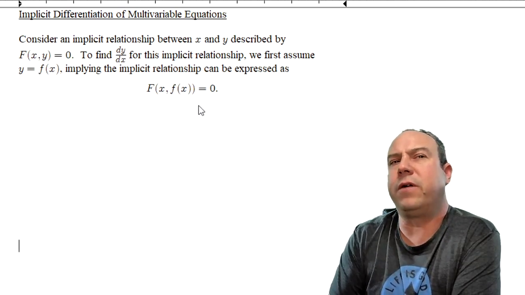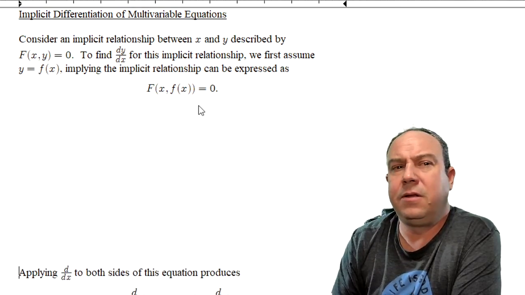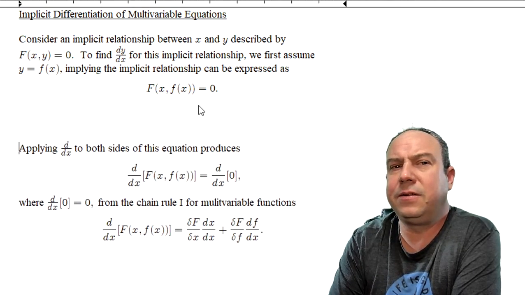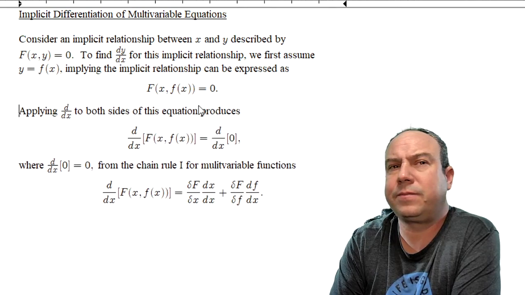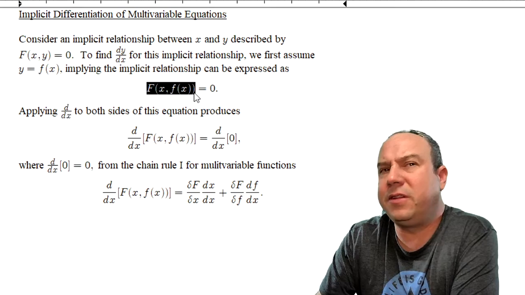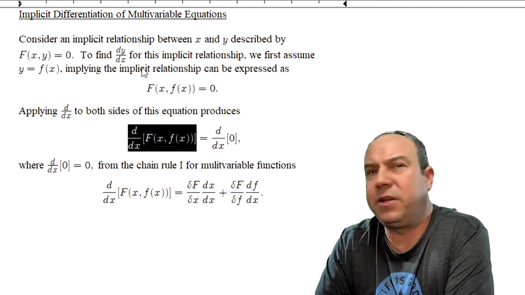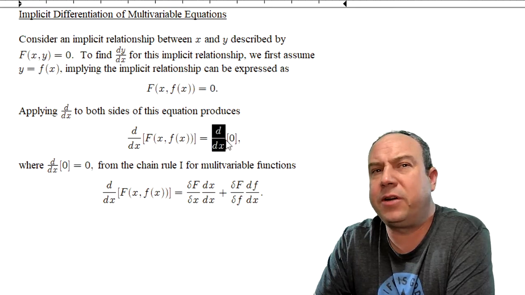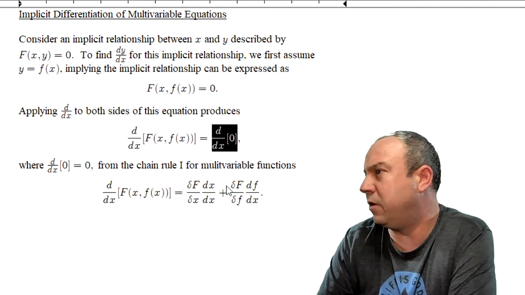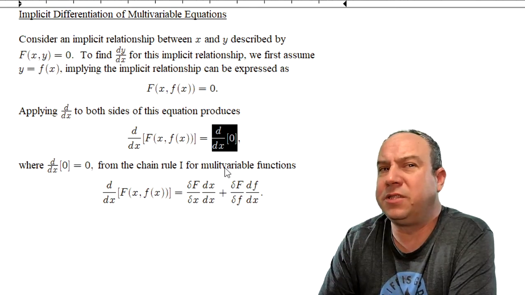From here we can apply the derivative operator to both sides. Applying it to the left-hand side will give us this result here, whereas applying it to the right-hand side will give us this result, which is equal to 0.